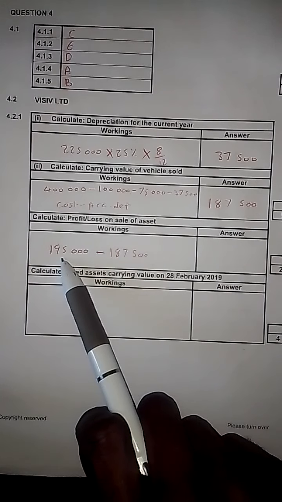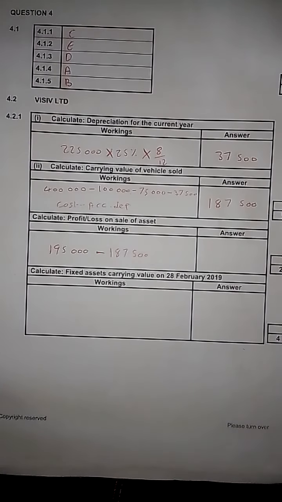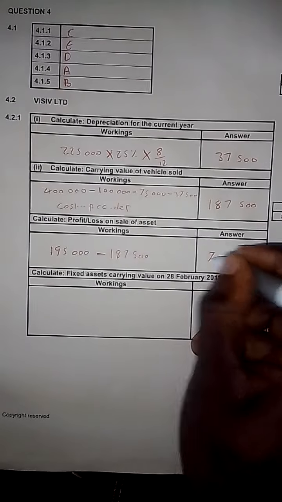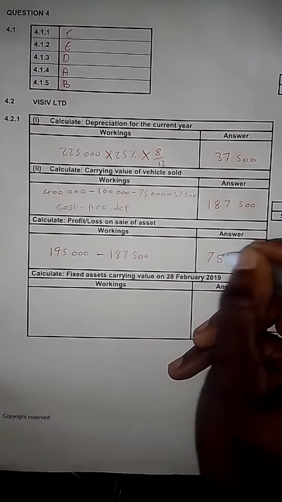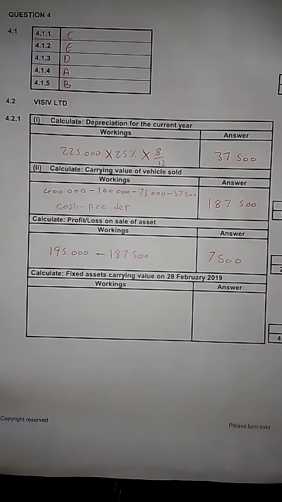What we receive is more than what we have, which means that this is a profit, an amount of 7,500. However, if we sold for a low amount, that means we make a loss because we sold something which is worth more than what we receive. However, in this case, it's a profit.